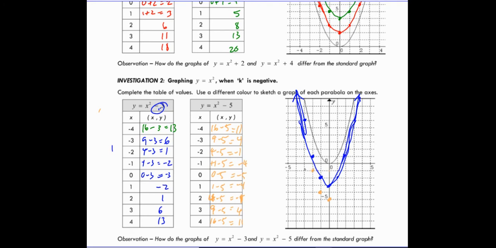Negative 3 and 4. 1, 2, 3. Again, I really messed up that blue line, didn't I? So anyways, just ignore the fact that it's touching the blue line. The blue line should be more narrow.